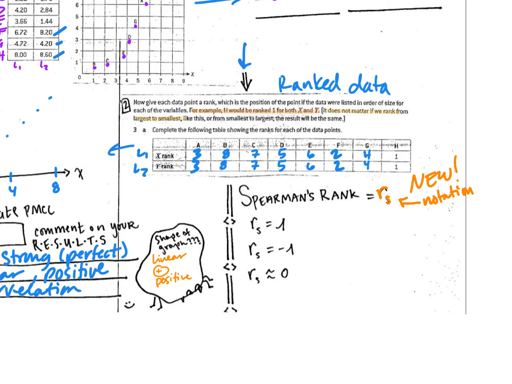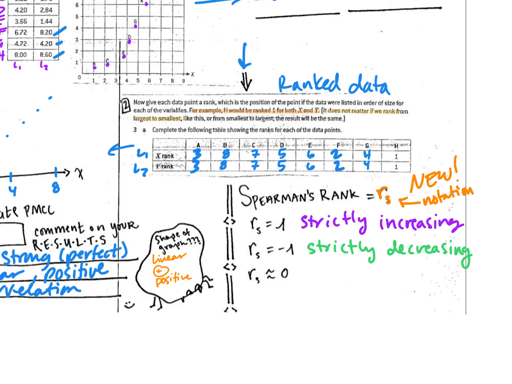So if your Spearman's rank is 1, it's strictly increasing. If it's -1, it's strictly decreasing. And if it's, oh, we'll actually come back to it later.